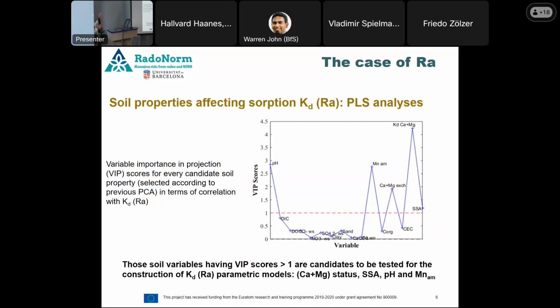And for the specifics of radium, it was shown that calcium plus magnesium status, both regarding exchangeable calcium and magnesium and water-soluble calcium and magnesium status, and then converting those data into a KD of calcium plus magnesium, was a nice variable to be tested, along with pH, along with specific surface area, along with manganese status of the soil as well.